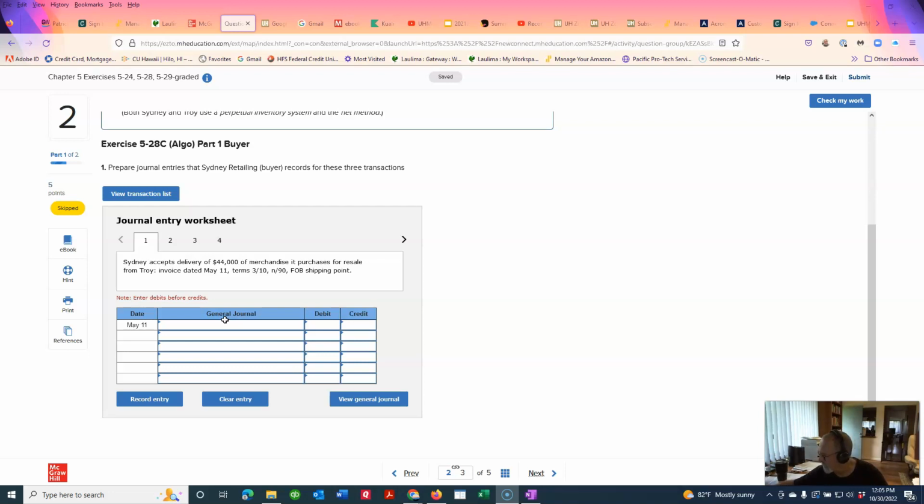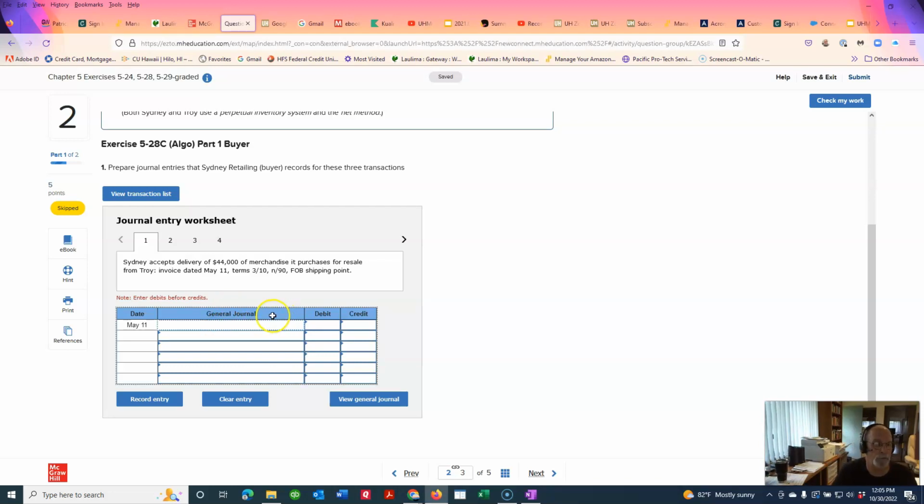And the discount is 3% on 44,000. The discount is $1,320, so the net amount of that purchase, net of discount, is 44,000 minus $1,320, or 42,680.